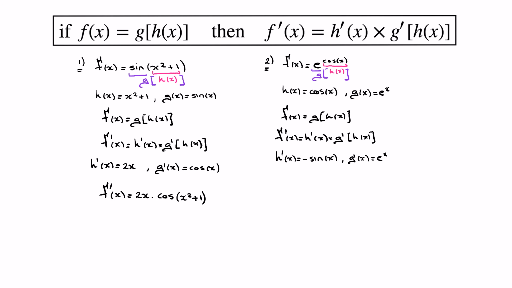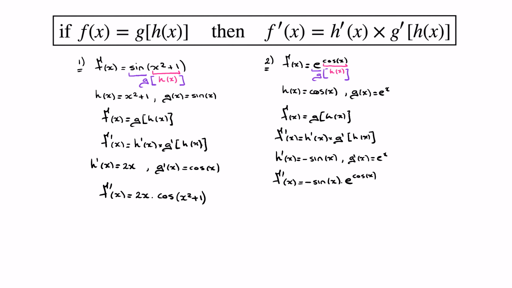And so replacing h dash of x and g dash inside our formula for the derivative, we find f dash of x equals negative sine of x times exponential of h of x, and h of x was cosine x, so that's e to the cosine of x.